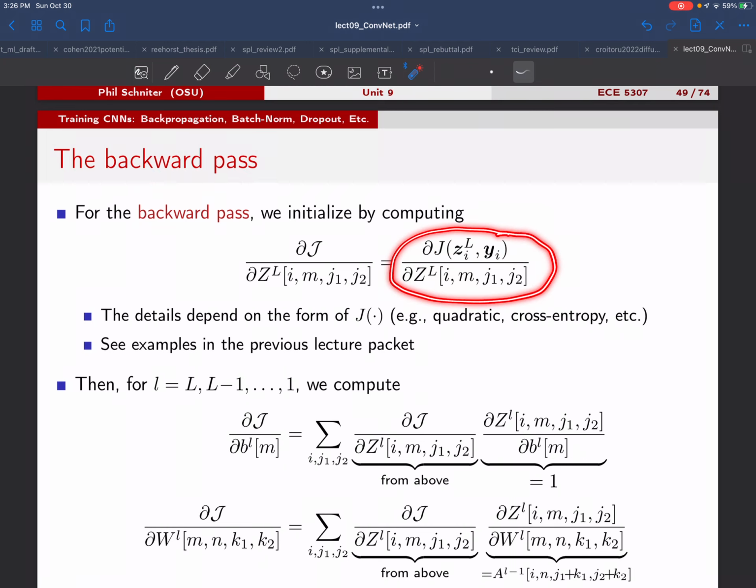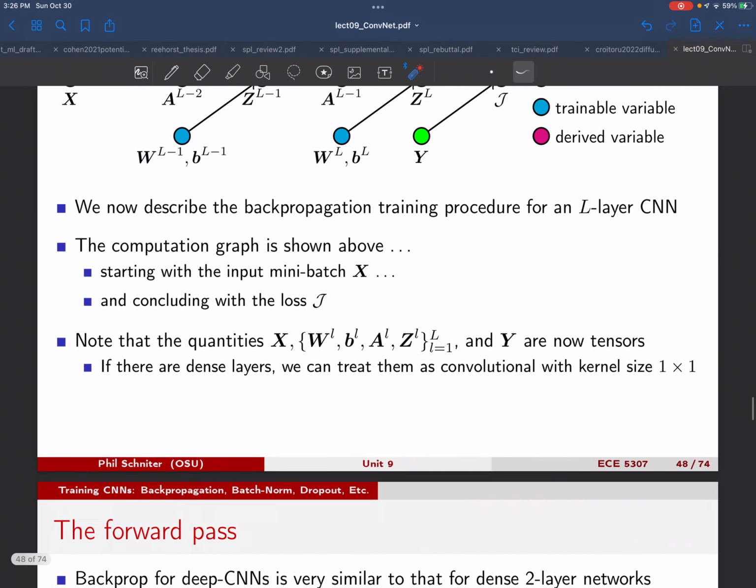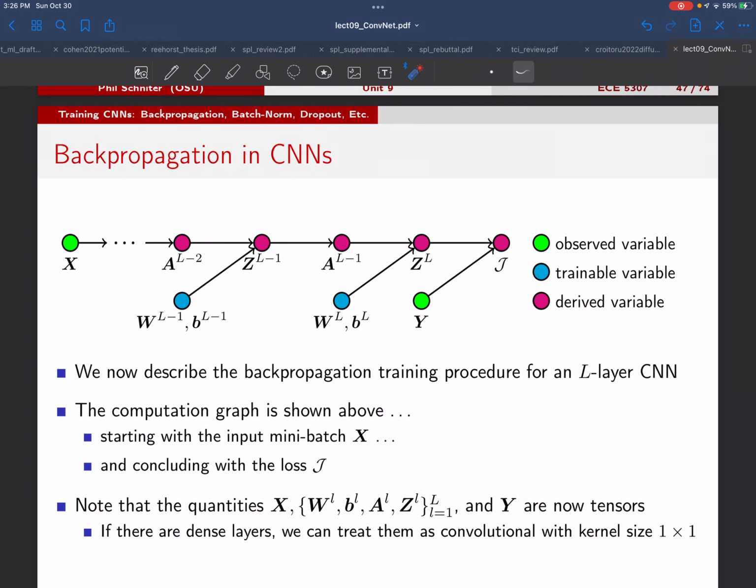Now, simplifying this further requires knowing exactly what cost we're using, like whether we're using quadratic or cross entropy or whatever. But we've seen all the usual examples of that derivative at the end of the Unit 8 packet, so we won't go into more details right now. Okay, so the next thing we have to do for backpropagation: we have dJ/dZL.